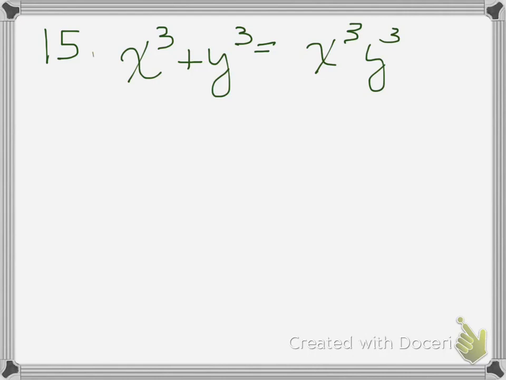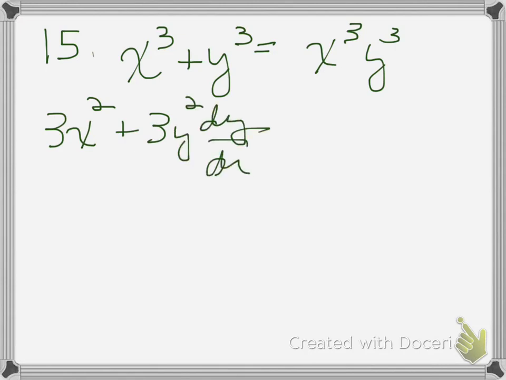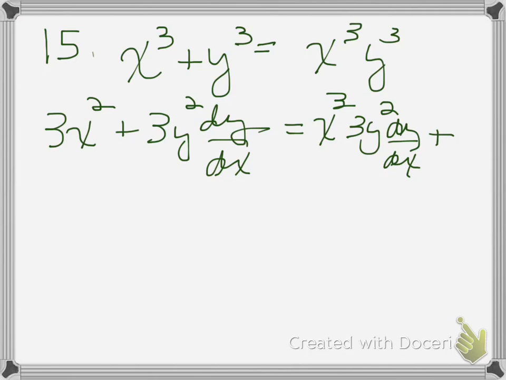So taking my derivatives, I have 3x squared plus 3y squared, and because I took the derivative of y, I have to say dy/dx, equals left, d right, plus, running out of room, right, d left. Okay, so how many dy/dx's do I have to take care of? Looks like I have 2.